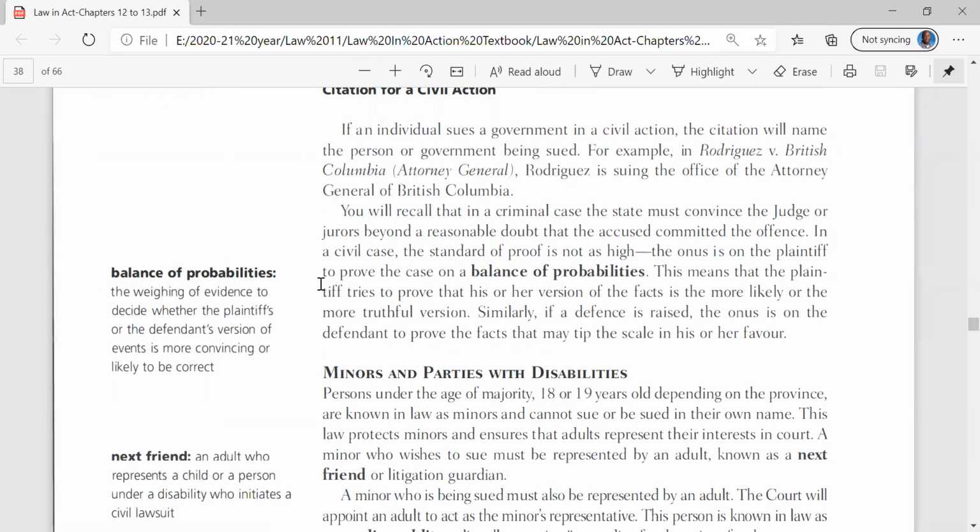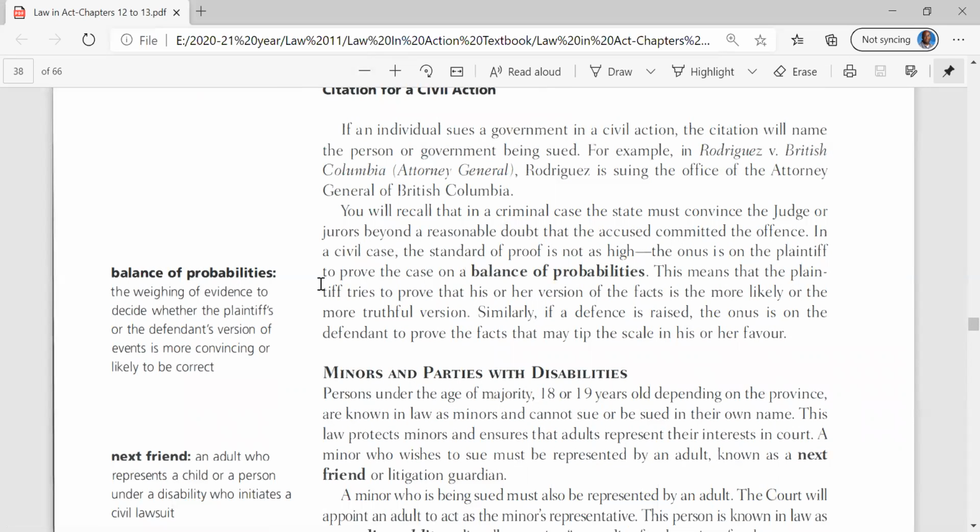Here, you're basing it on the balance of probabilities, weighing the evidence to decide whether the plaintiff's or defendant's version of events is more convincing or likely to be correct. It's not as high an onus. If you're talking about percentages, it's a little over 50%, which means it's more likely than not you did the thing, not that you did it beyond a reasonable doubt.